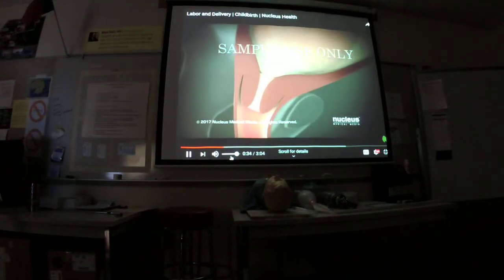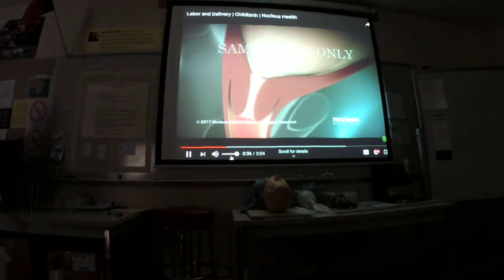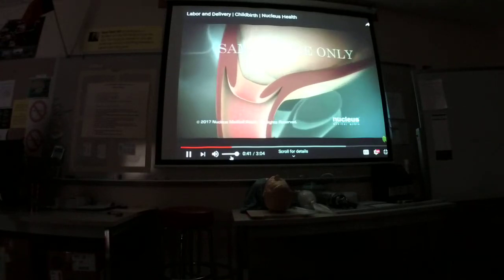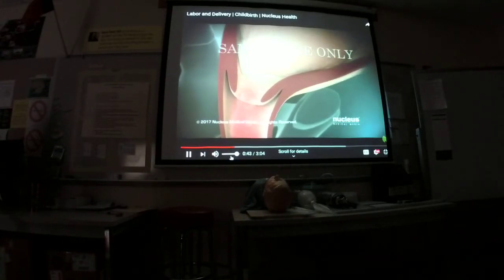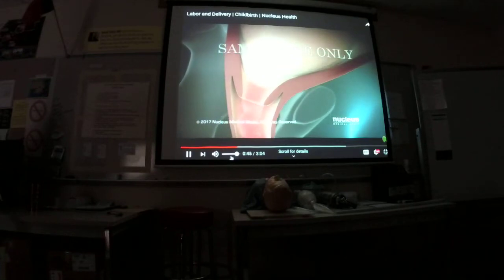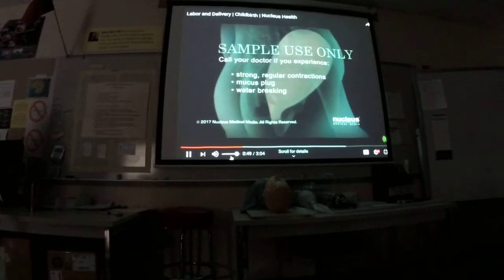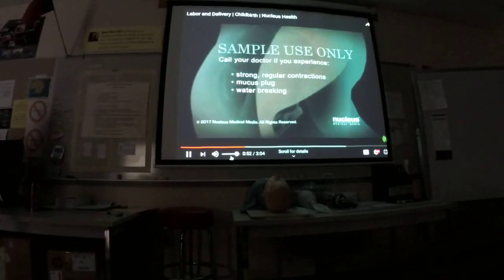You may see a brownish or reddish mucus discharge, which could be the mucus plug at the opening of your cervix falling out. Your water may break, which can either be a large gush of fluid or a continuous trickle.